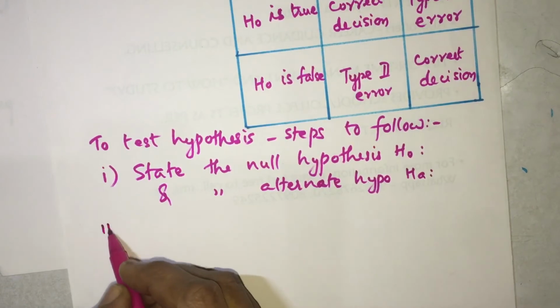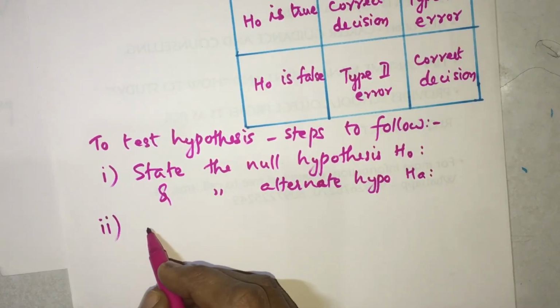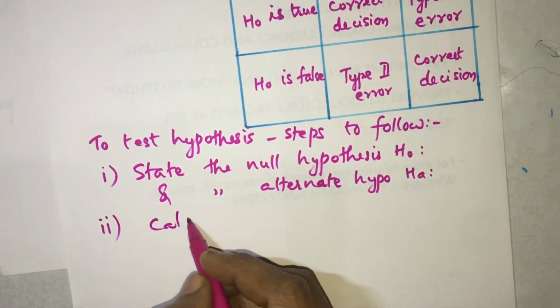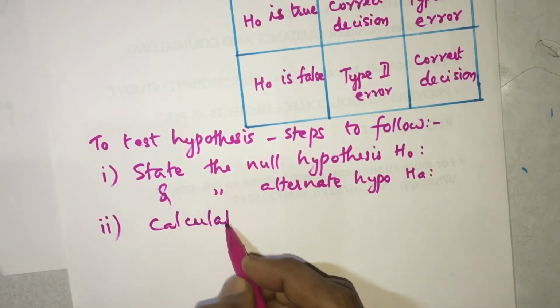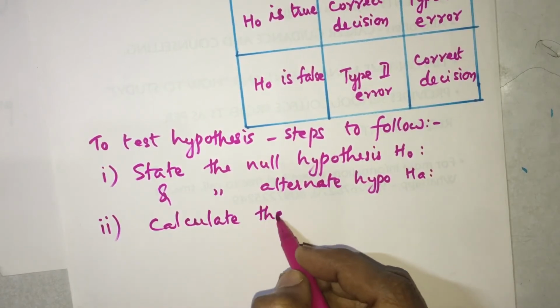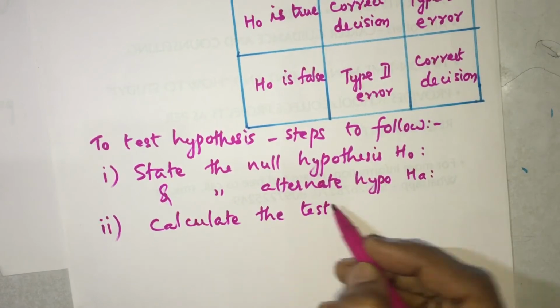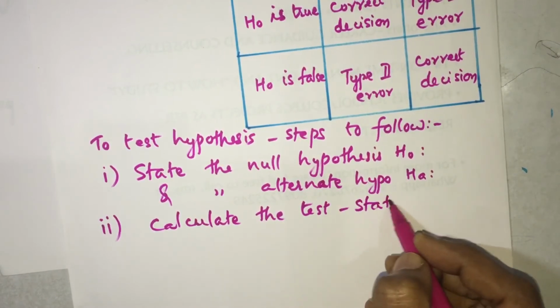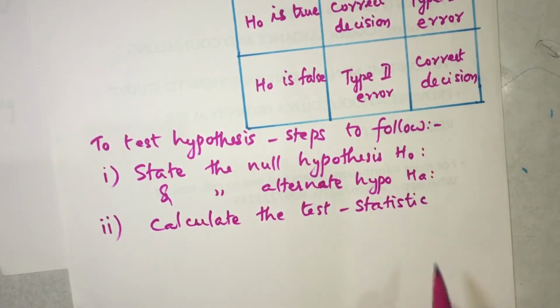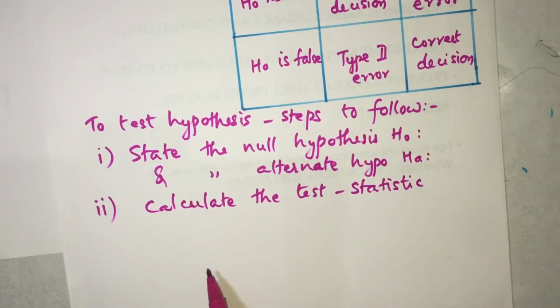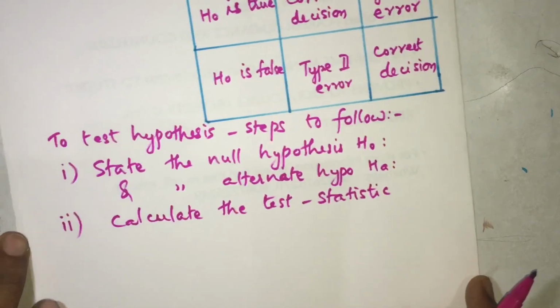The second one is you need to calculate the test statistic. While calculating the test statistic, we need to follow certain things that I will discuss in the next lecture.